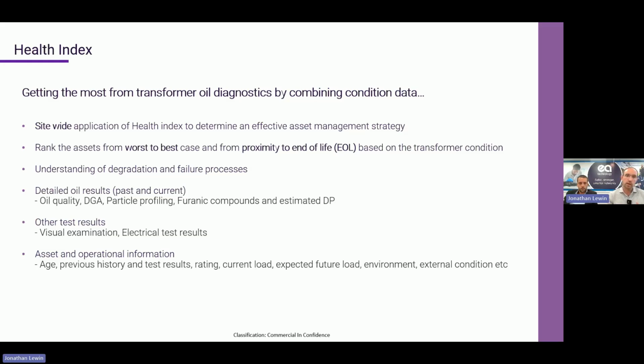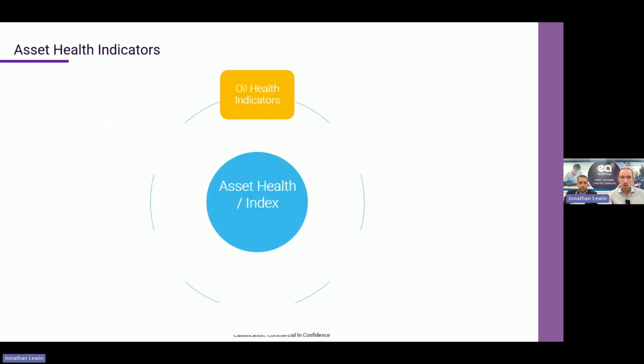By applying a health index and looking at it in that way, you start to be able to rank those so you can see your best case assets and your worst case assets in terms of proximity to end of life. By understanding the degradation of the oil and the failure processes behind that and taking those detailed results, as well as some other results, you can then start to profile that fleet, if you like.